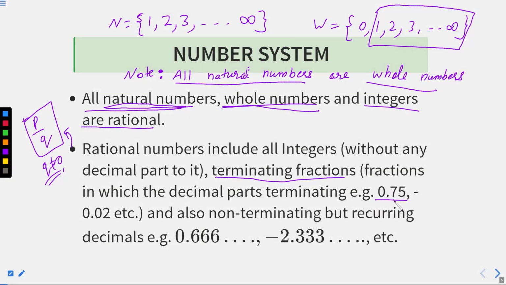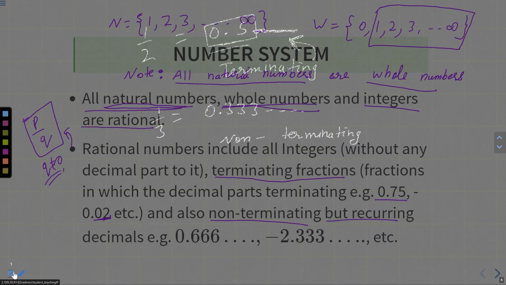Here, like 0.75, we are restricted to only 2 decimal places, 7 and 5. Then here minus 0.02, the number is terminated. And non-terminating numbers can be recurring decimals.